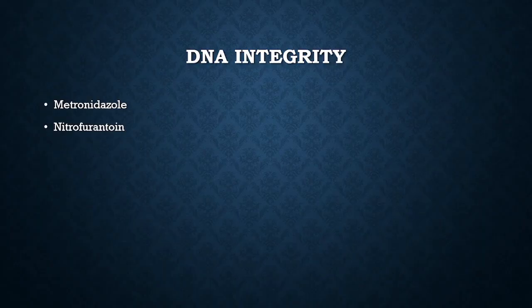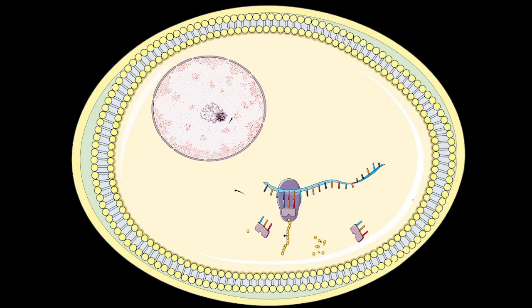Then the next mode of action is going to be DNA integrity. The drugs that we're going to use for this are metronidazole and nitrofurantoin. If we go to the bacterial cell, this drug affects DNA integrity, so we're just going to focus on the nucleus for this one.